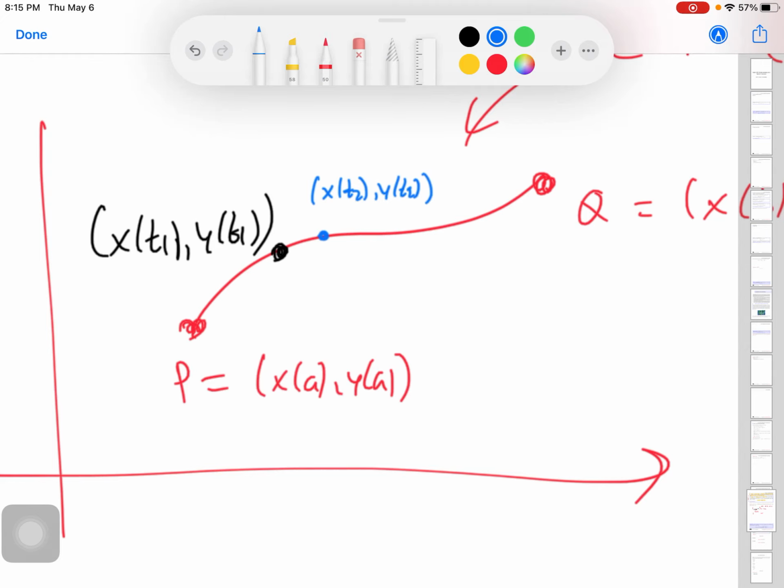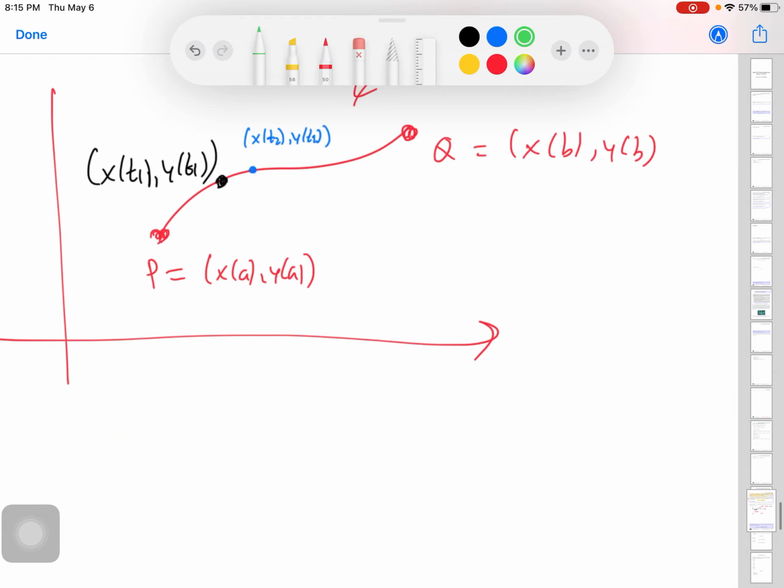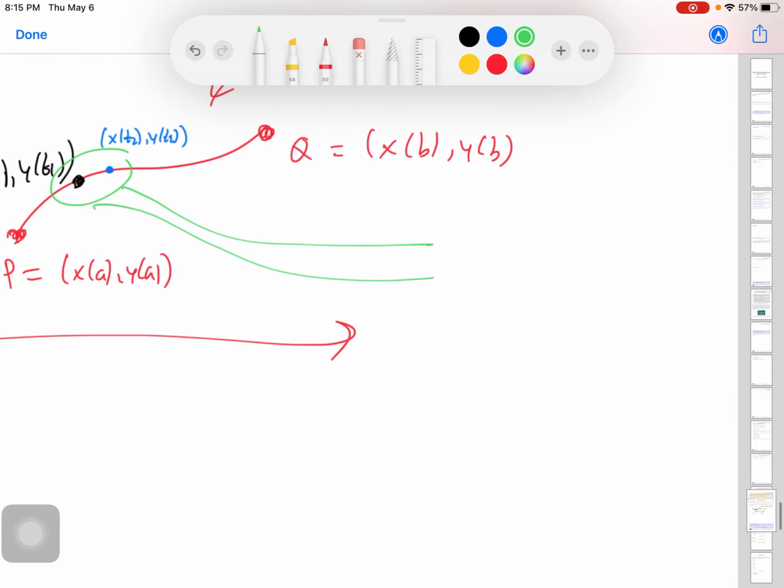So what I'm going to do now is pop out this little region over here to make it a little easier to see, and work with this change in time and try to extract from it information about how the arc length changes in terms of a change in x and a change in y. So to do that, I'm going to draw a little right triangle here, and then I'm going to put the line segment in between.